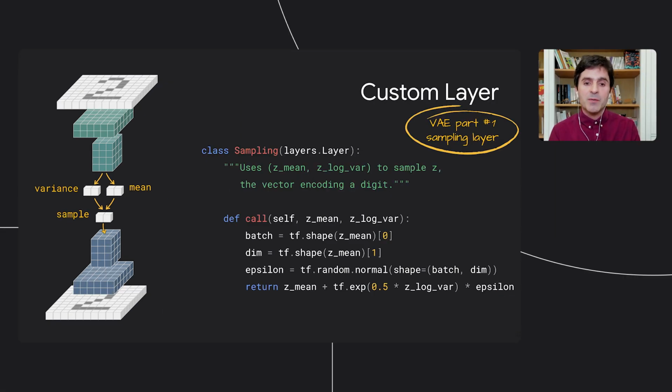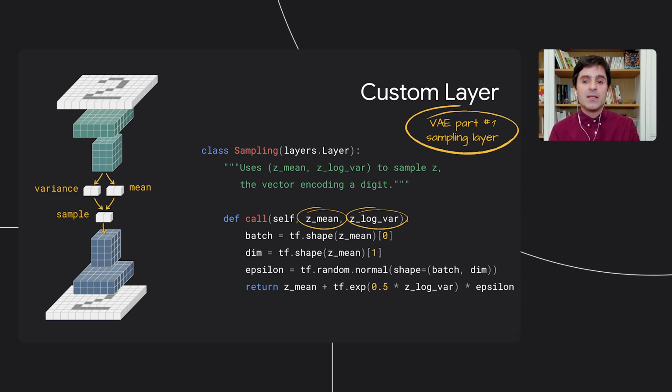First, we implement the sampling operation as a custom layer. In Keras, to create your own layer, you can subclass the layer class and implement the call method. Here, call takes the mean and the variance computed by the variational encoder. Then it picks a point at random in this distribution and returns it.